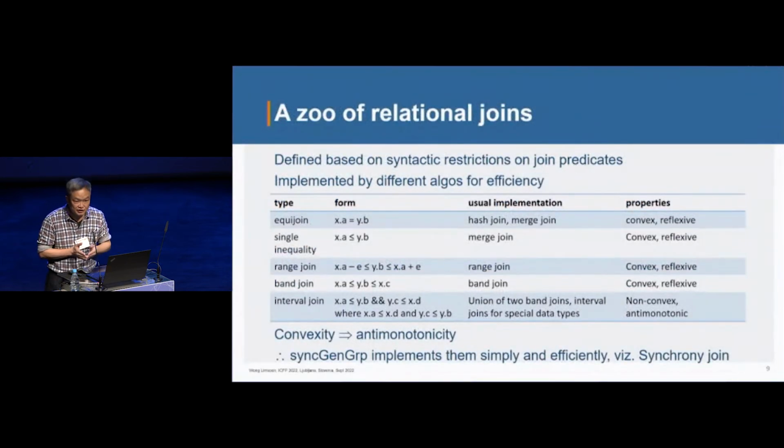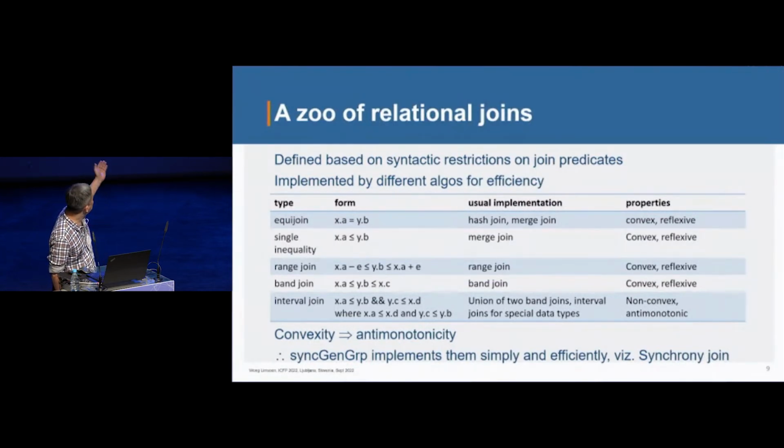It also has a relationship to database joins. So currently in database systems, joins are implemented by many different algorithms to get efficiency, depending on what that join looks like. Purely syntax based. So if your join looks like x.a equals y.b, it is equality, then usually the optimizer in your database system will choose a hash join or merge join or something like that to execute it.